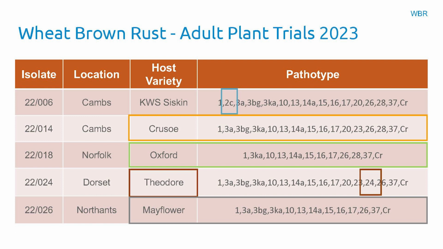In 2023, we selected this one, 22118 from Oxford. That one was selected because it was the second most common pathotype. We selected 22024 from Theodore in Dorset. That one was particularly interesting because it had virulence for LR24, and that particular isolate has now been chosen and is being used to inoculate RL, VL adult plant trials.